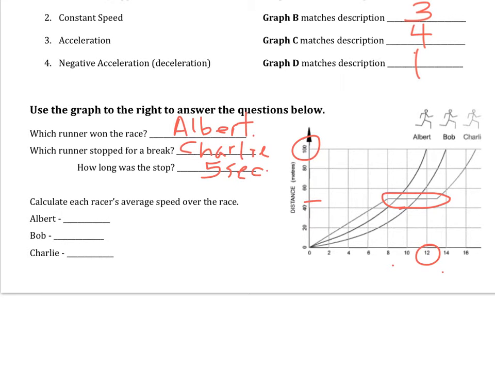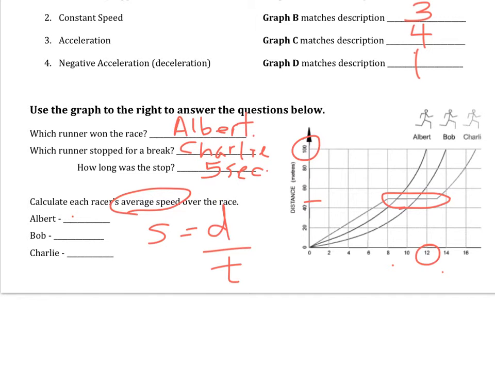Okay, calculate each racer's average speed. You would basically just take distance divided by the time. Albert ran 100 in about 12 seconds. So for Albert, we would do 100 divided by 12.